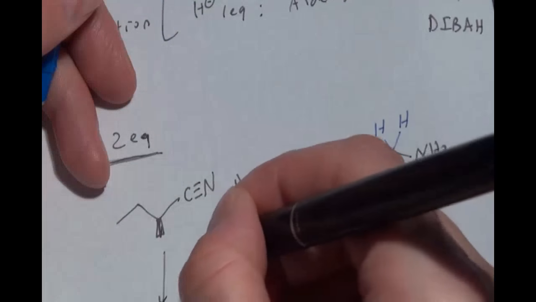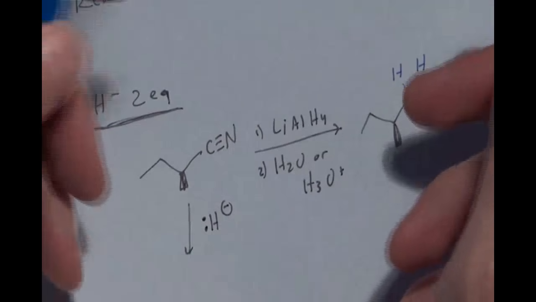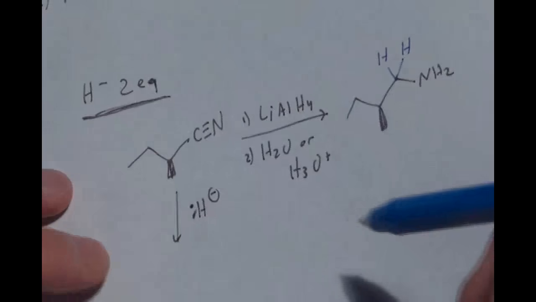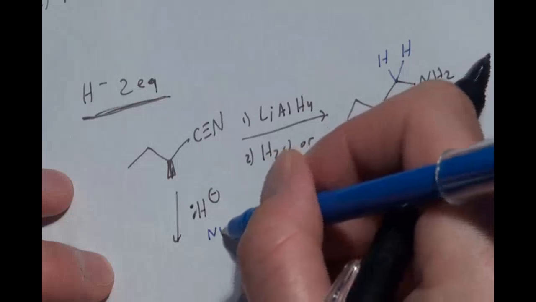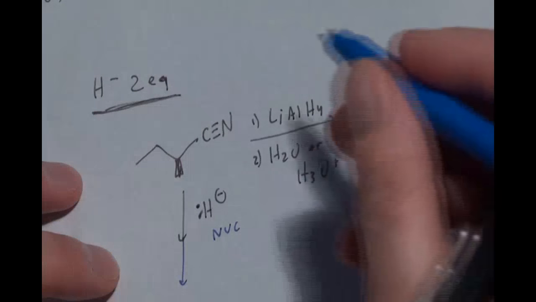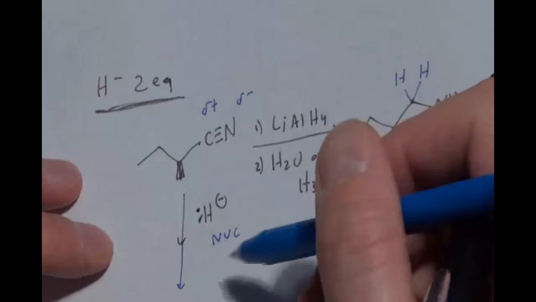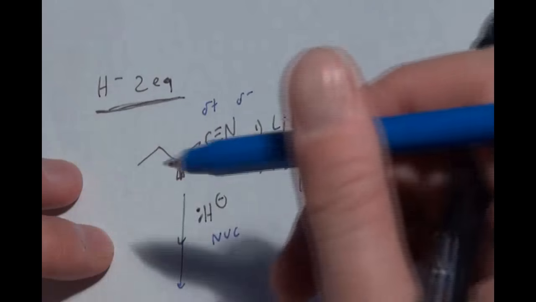So how does it work? Well, it's just like always. We have nucleophilic hydride. Nucleophilic hydride is going to do what to our thing that has a delta minus and a delta plus? Well, H minus is going to attack the delta plus carbon.